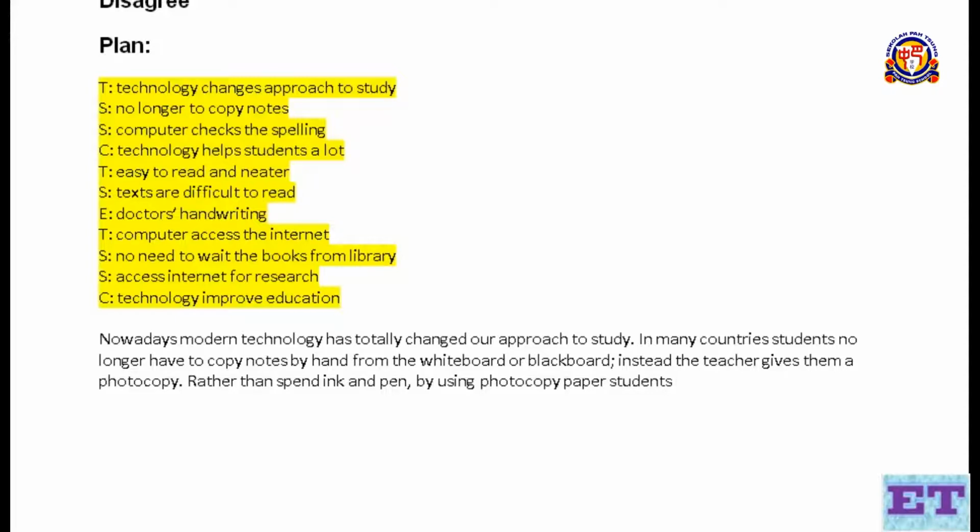students present, type up a copy of their assignment, right?